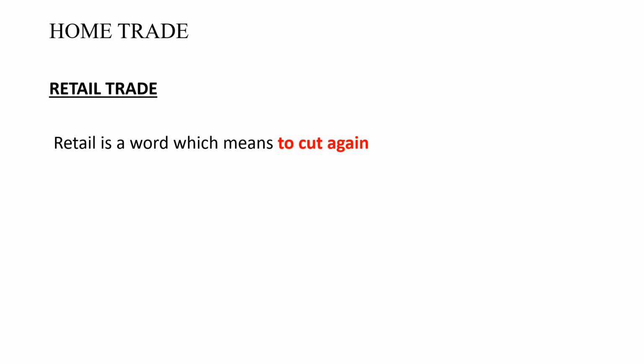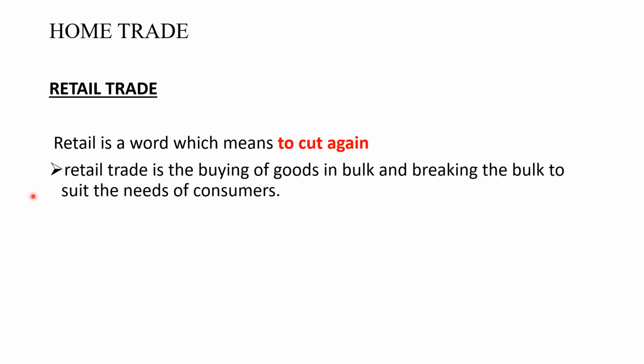Then retail gets that one bag of sugar and cuts it again into smaller units. Of course, this is just where the word retail comes from. So retail trade is the buying of goods in bulk and breaking the bulk to suit the needs of consumers.